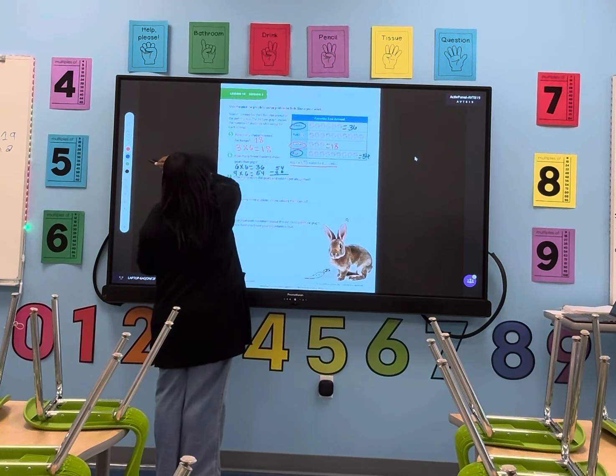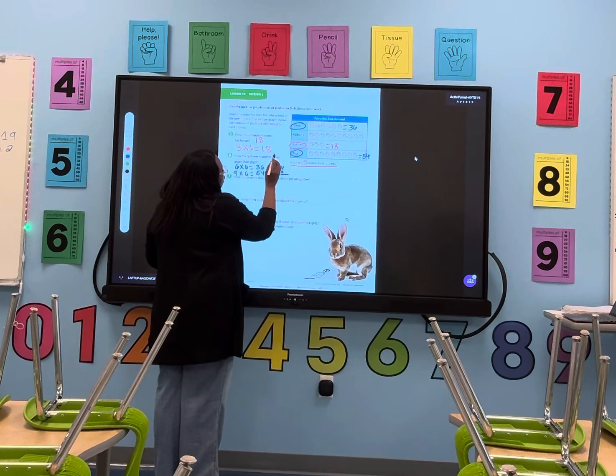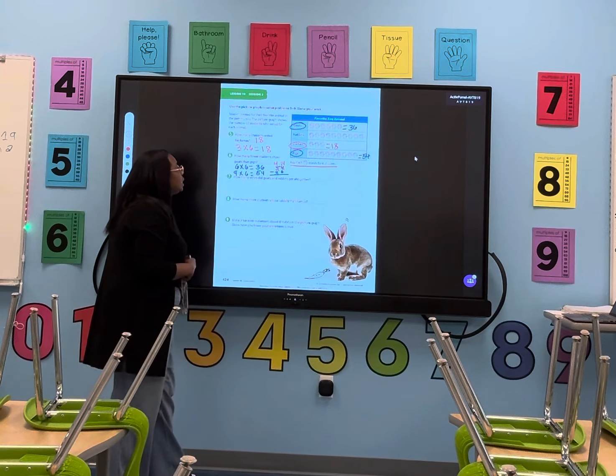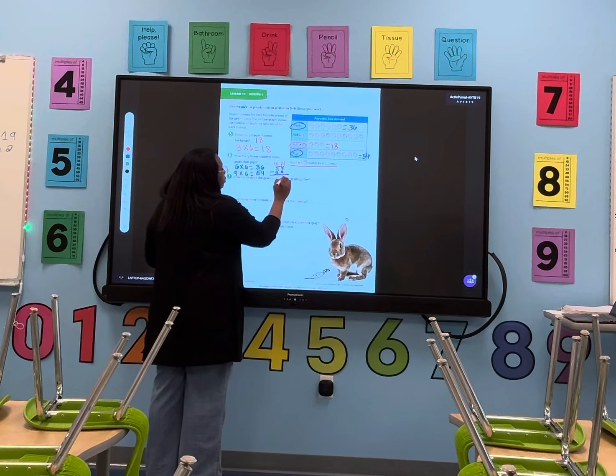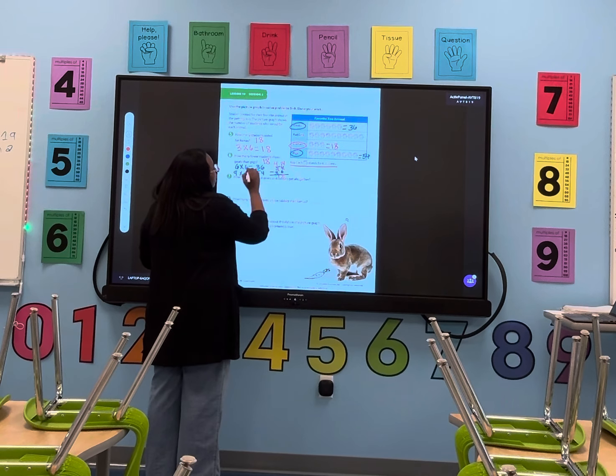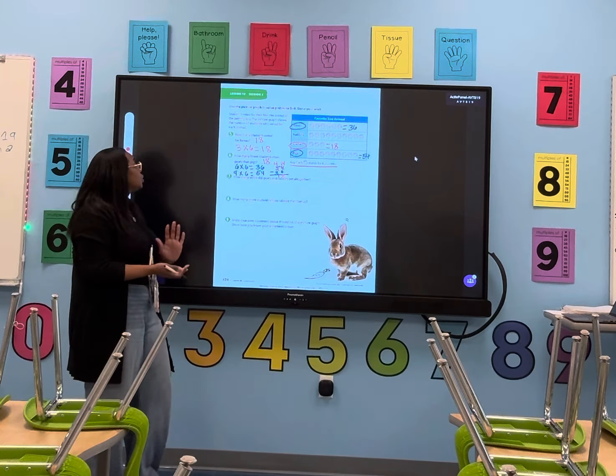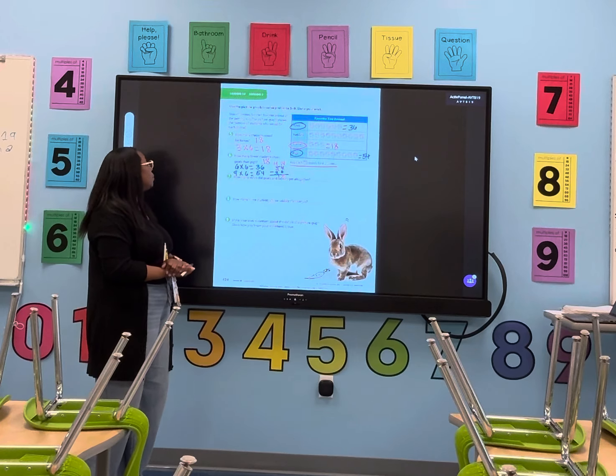So I'm going to borrow from the 5. And this 5 is going to turn into a 4. And now this 4 in the ones place is going to be a 14. 14 minus 6 is going to be 8. And 4 minus 3 is 1. So my answer is 18. 18 fewer students chose goats than pigs.